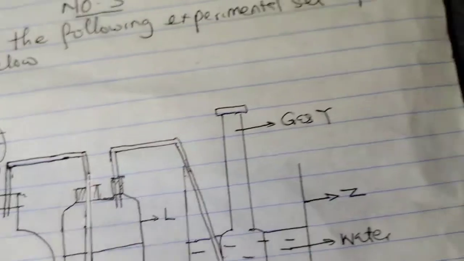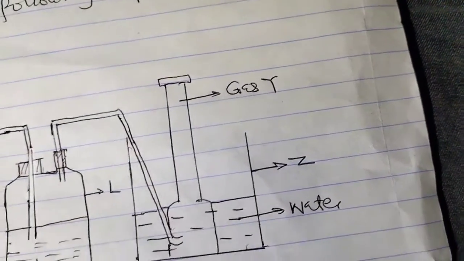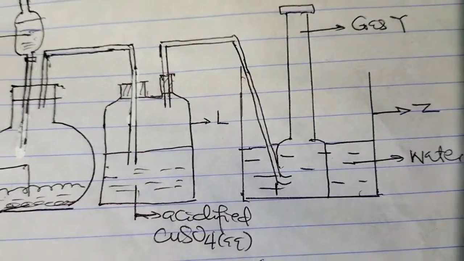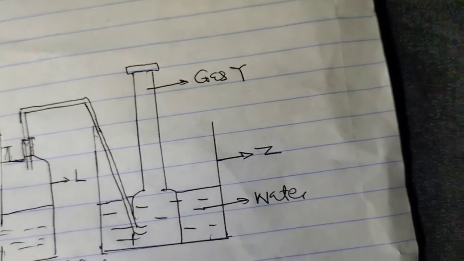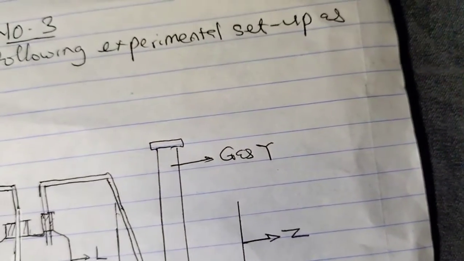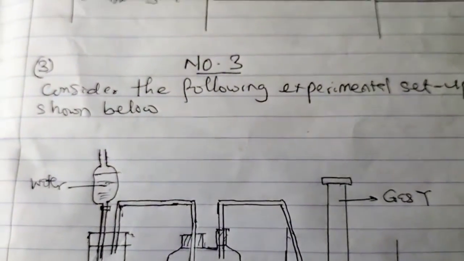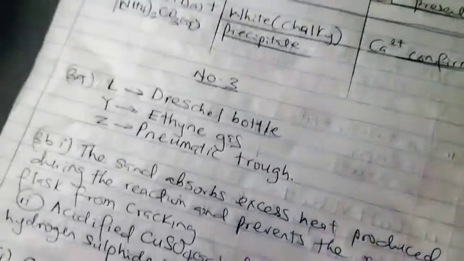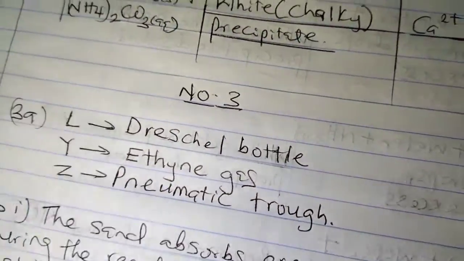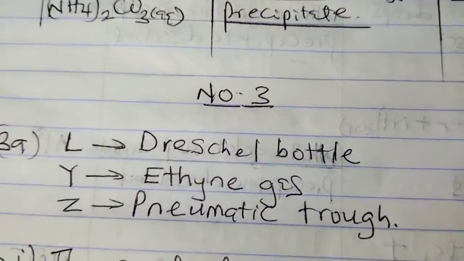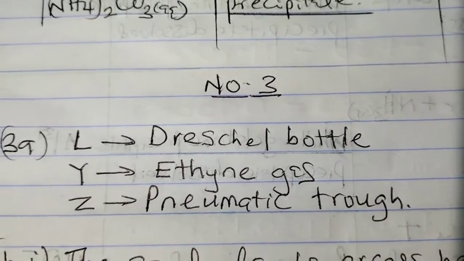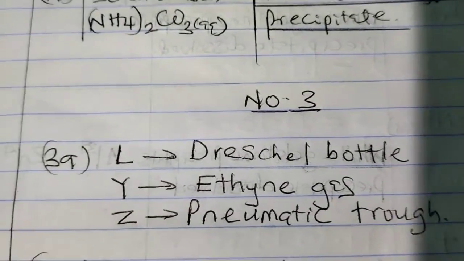If you look at the diagram, L is a container, a vessel. Z is also a container, while Y is a gas. So let's go to the solution and figure out what L, Y, and Z could be. L, the container where you have copper sulfate, is called a Drechsel bottle.